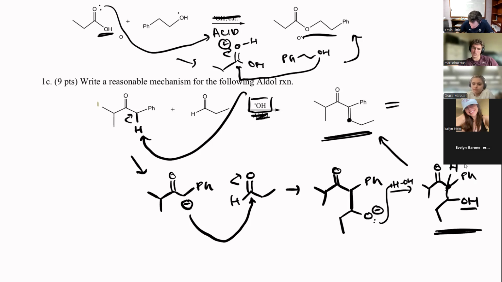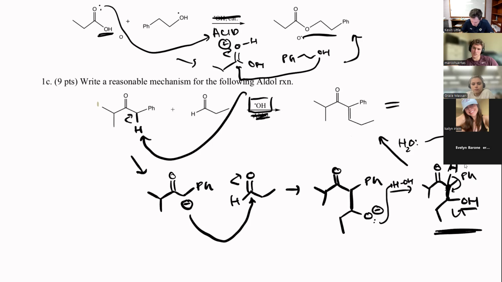In order to form this double bond, I need to take something from each side of the double bond, right? So I take this hydrogen, it gives its electrons to make this double bond, and I kick off that OH.